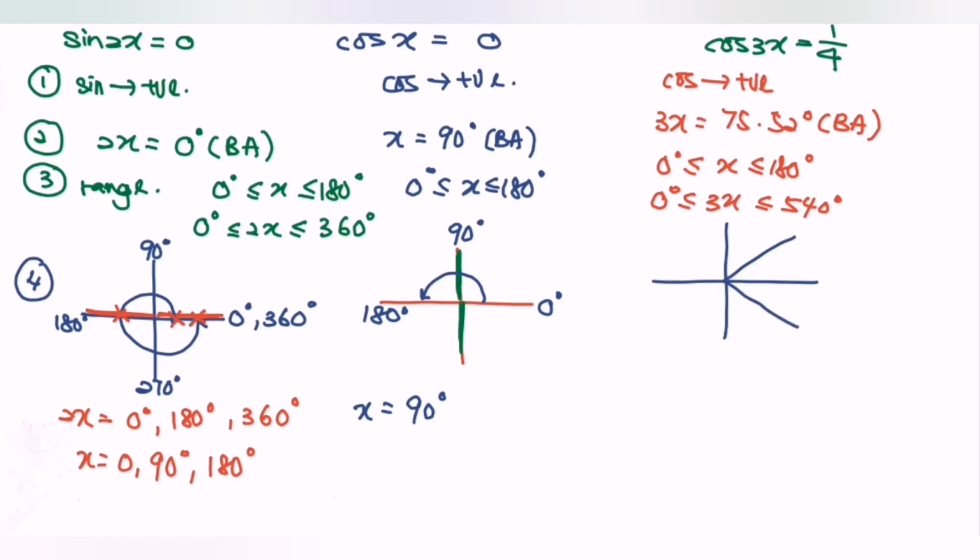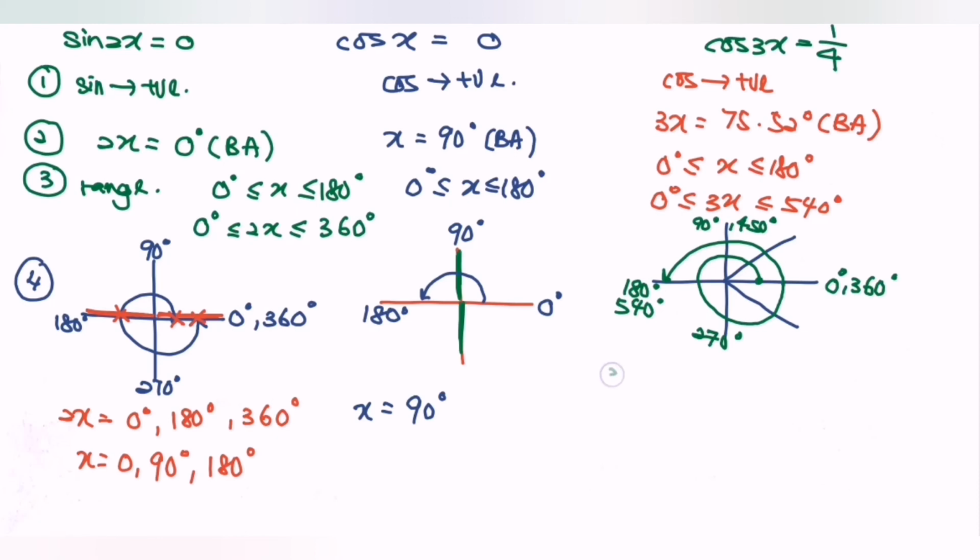The rotation would start from 0, rotate until 360, and keep on going until we have 540. So the beginning we have 0, next 90, continue 180, 270, 360, keep going, 450, and next 540.